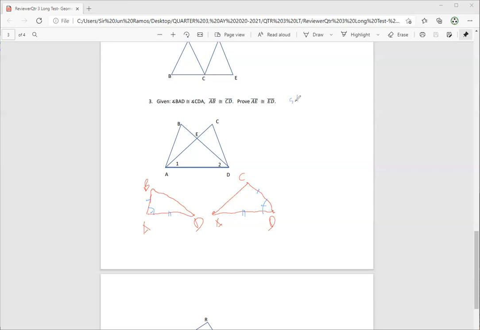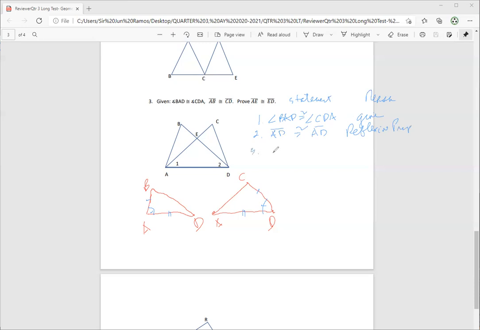So that's how we are going to prove it, to reason out. Okay, so let's start our proof. Statements here and then the reason here. Number one, what is given? Angle BAD is congruent to angle CDA. This is given. And then we go on and say AD is congruent to itself. This is the reflexive property of equality or congruence.